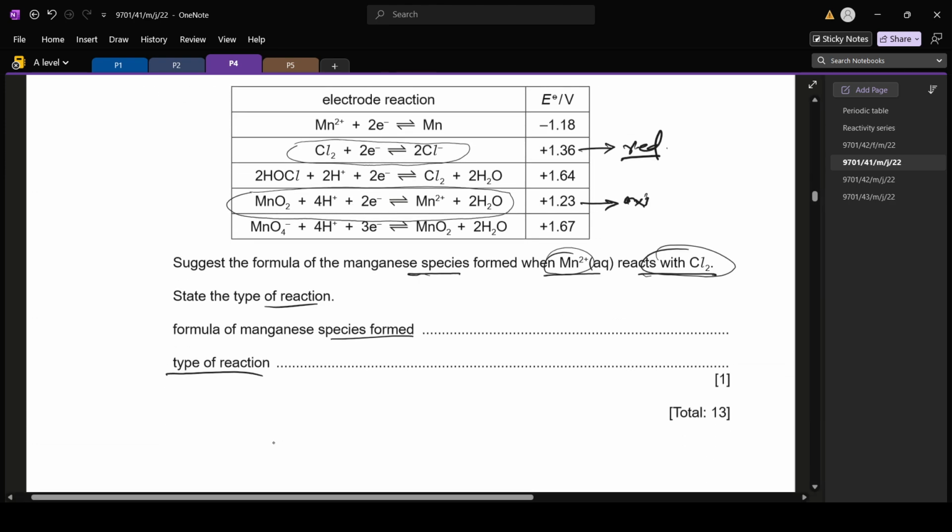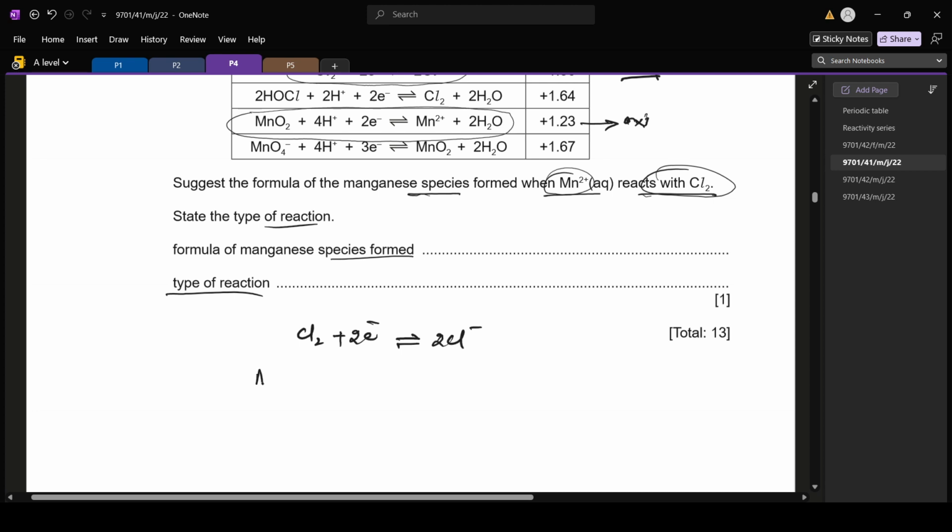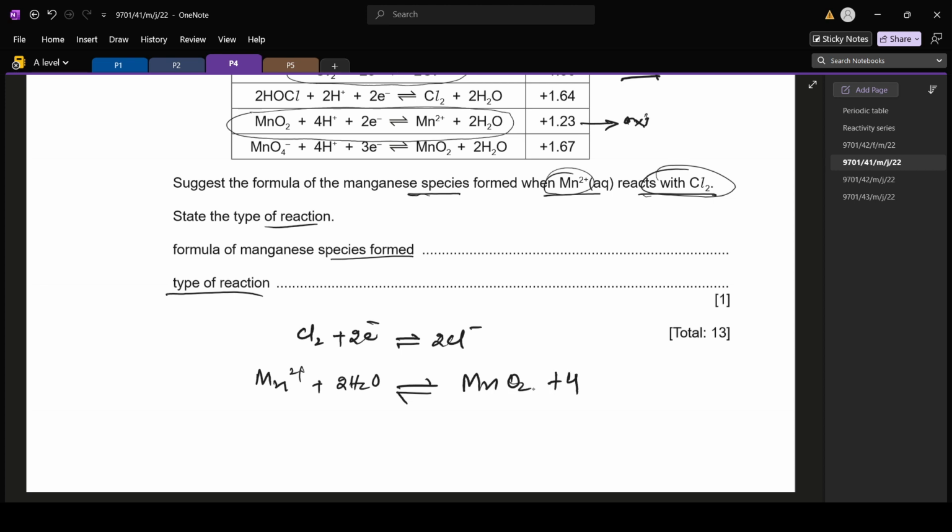So the overall equation is going to be Mn2 plus, chlorine forms chloride ions, and Mn2 plus plus water forms manganese 4 oxide plus 4H plus plus 2 electrons.